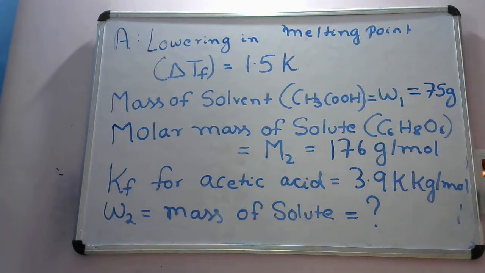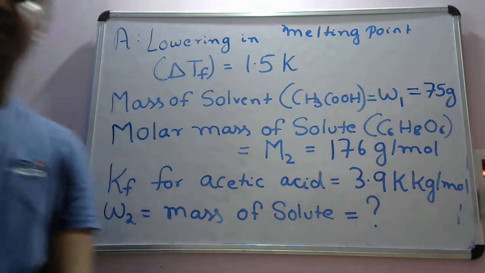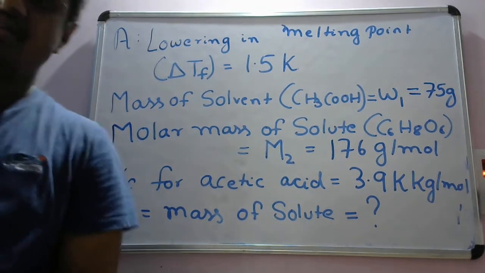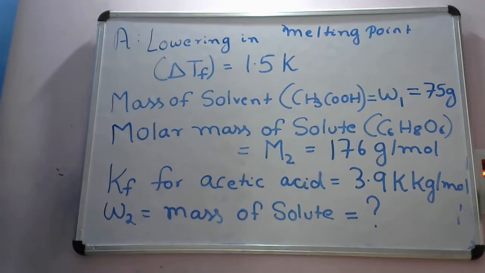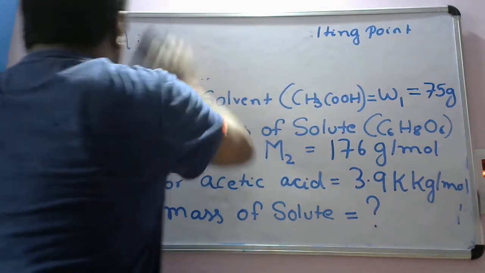We will use the formula of lowering in freezing point or depression in freezing point, delta TF equal to Kf into m, where small m is the molality. So let us solve it. First you write down what is given and what is unknown to us. Now let us apply the formula.